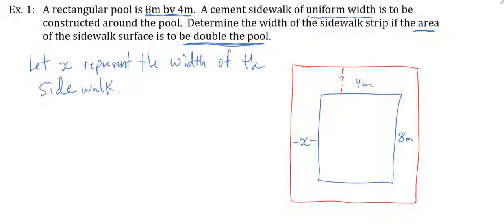Okay, so one of the two things we're going to do is work with the areas. So we're going to do it like this. The area of the pool is length times width because it's a rectangle. So it's 4 times 8, which is 32.